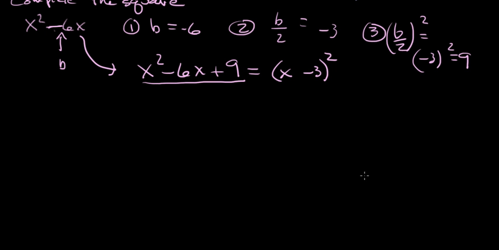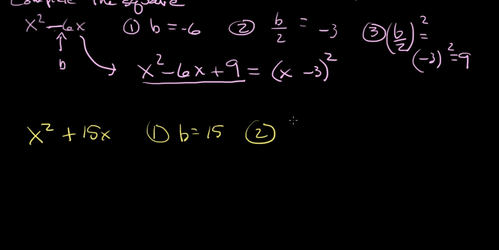Try another one. This is a little bit more complicated, so we're going to have to use yellow on this one. Ha ha ha. X squared plus 15x. Remember, the first thing we do, b equals 15. The second thing we do is 15 over 2. And then the third thing we do is 15 over 2 quantity squared.